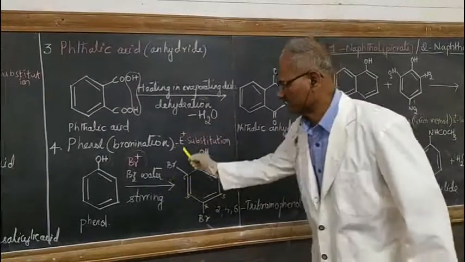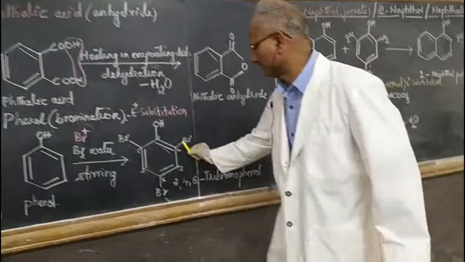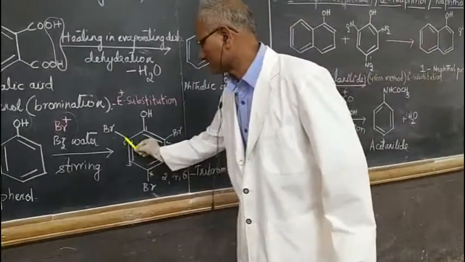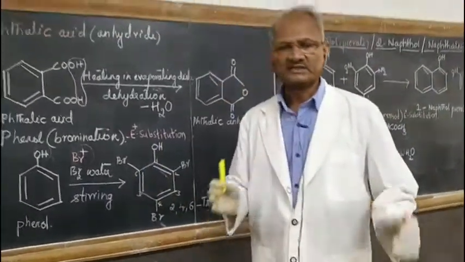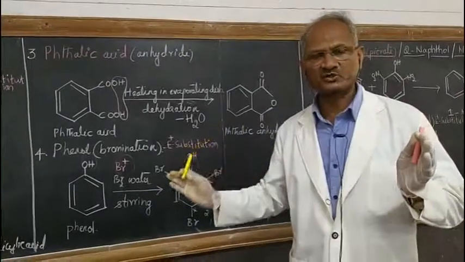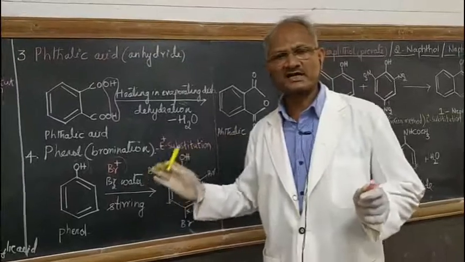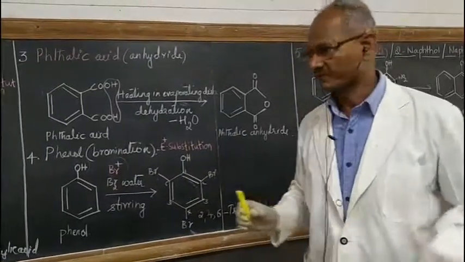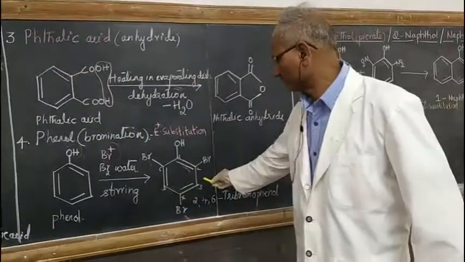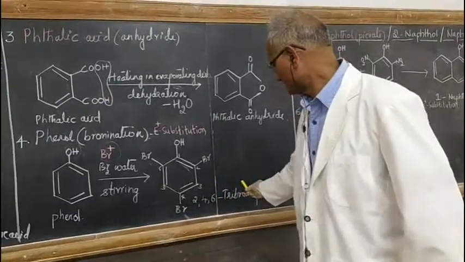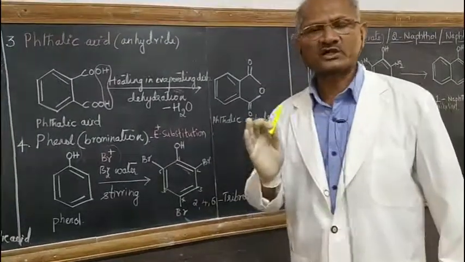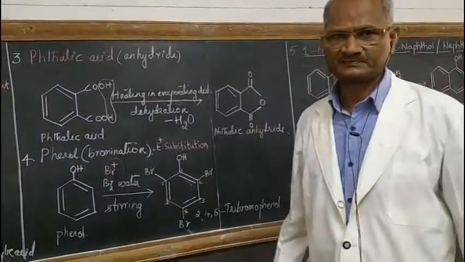Therefore, with excess of the bromine water, we are getting 2,4,6 tribromophenol. The bromine electrophile enters into 3 positions, that is ortho with respect to OH and para with respect to the OH group. So this is the derivative, 2,4,6 tribromophenol. This is also an electrophilic substitution reaction.